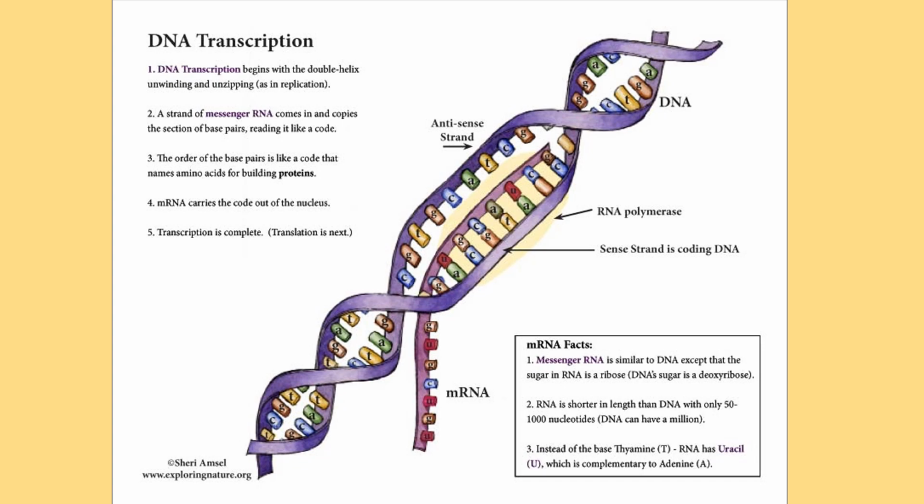For example, in a molecule of DNA, A always partners with T and C always partners with G. Well, we can use complementary base pairing to ensure that the right molecule of RNA is formed. C will always code for the placement of a G, and A will always code for the placement of a U in the new molecule of messenger RNA.